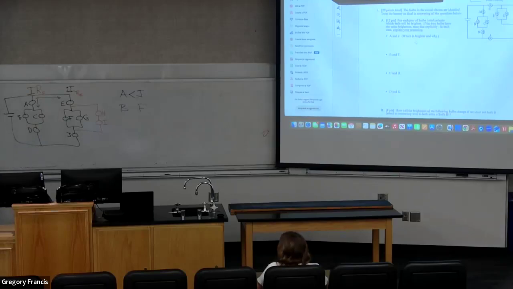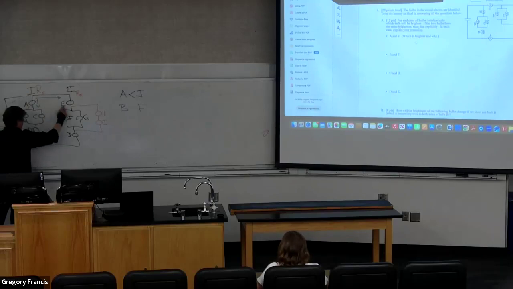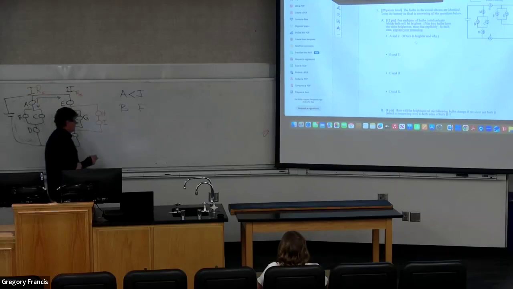So I'm going to switch over to voltage, and I will pick a path that goes through B from one side of the battery to the other, and another path through F from one side of the battery to the other.